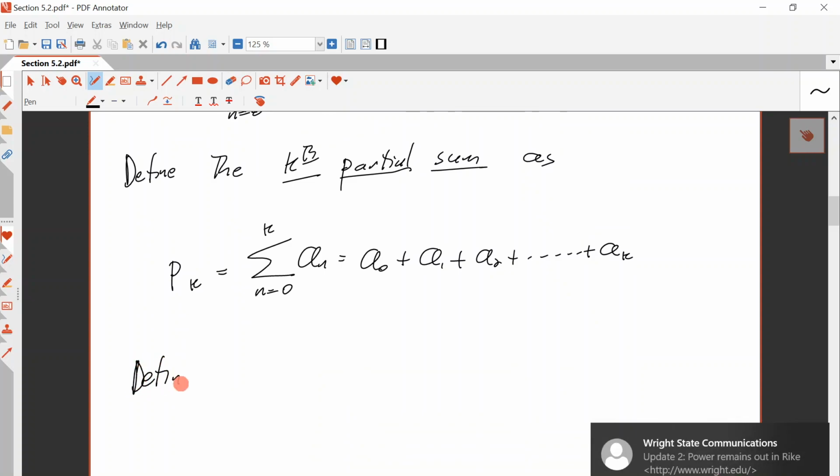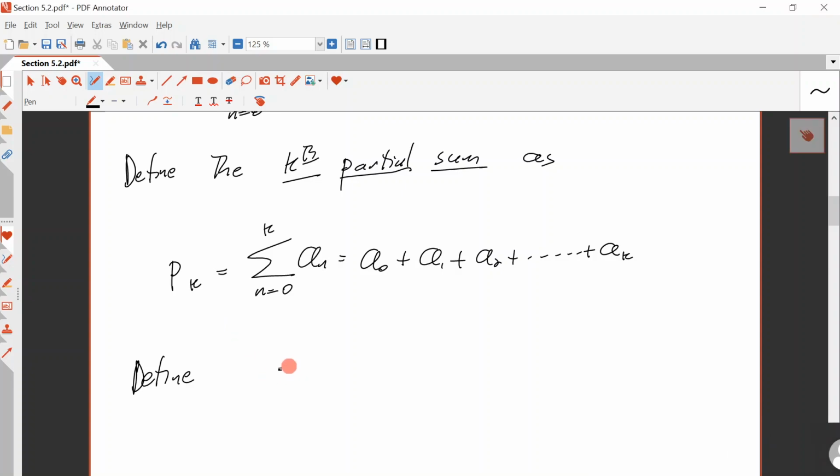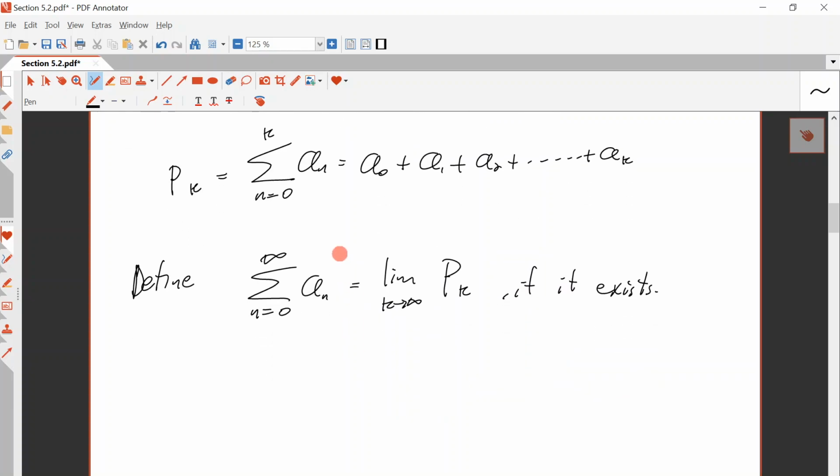Define the sum n equals 0 to infinity of a_n. So define the infinite sum as the limit of the partial sums, if it exists. Okay? When it exists, we say that the series converges.